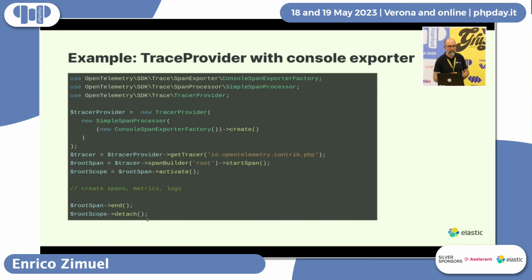When it is detached, basically the library collects all the information, the span, the metrics, the log, and generates the JSON and sends it to the backend system. So this is the event of detach. You have to consider this in the flow of your application, because that means on detach the HTTP request will be sent to the collector or the backend.